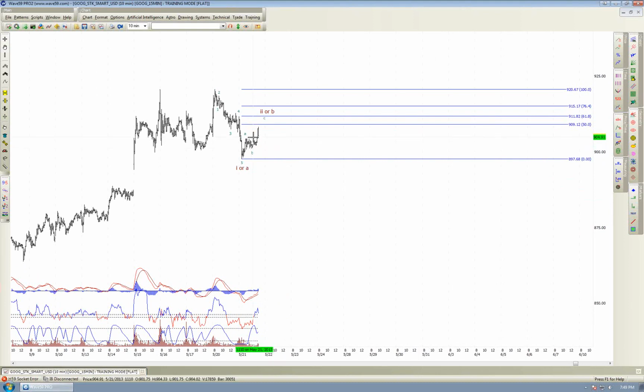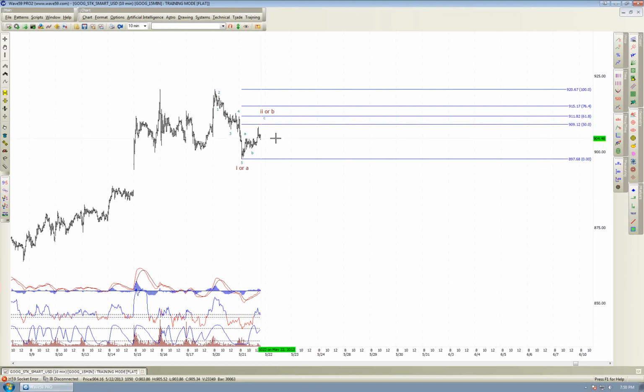So if you can see here, hopefully this is a wave 1, 2, 3, 4, and 5 for us to enter our short position. If it breaks down below this 904.48 level, which is the top of wave 1 of the C wave, then either we're dealing with a diagonal or the C wave's already complete. So let's kind of watch how this develops.